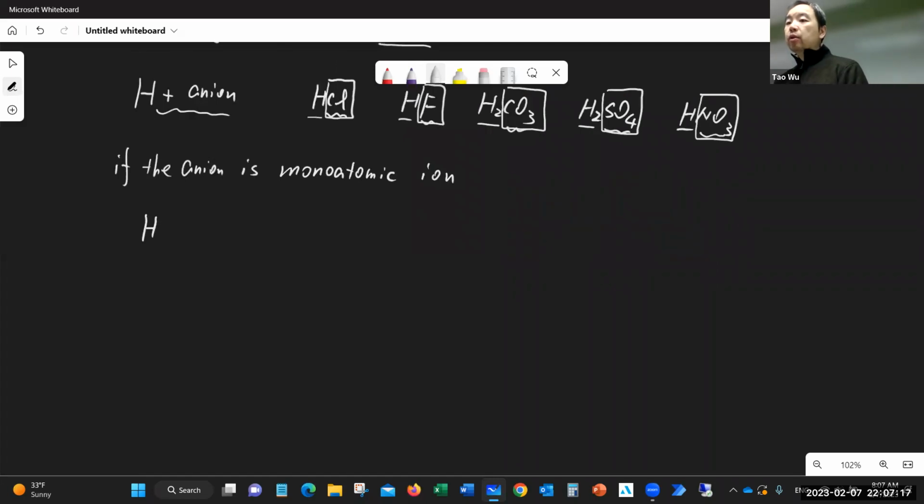We add hydro in front. This is only for monoatomic ions. We add hydro in front, with no space, and then we add the element's name. Then we add the ending, which will be ic and acid.